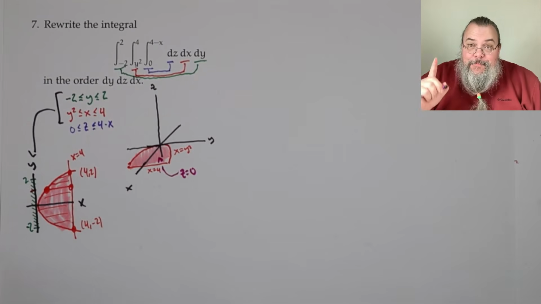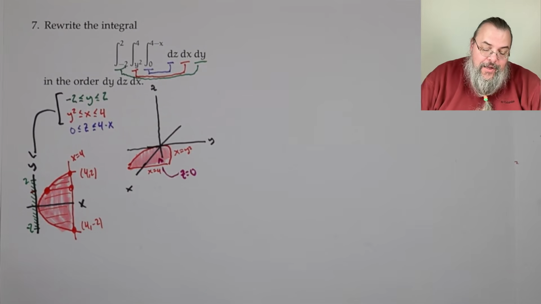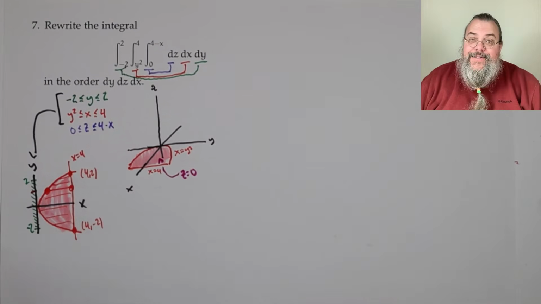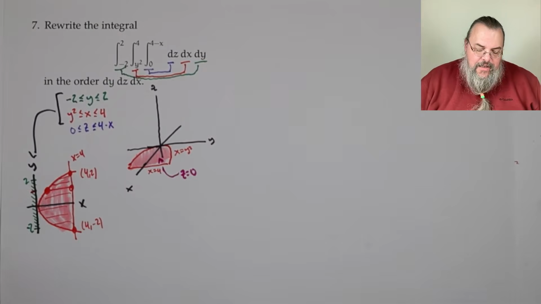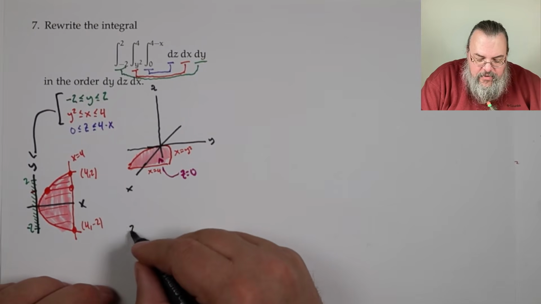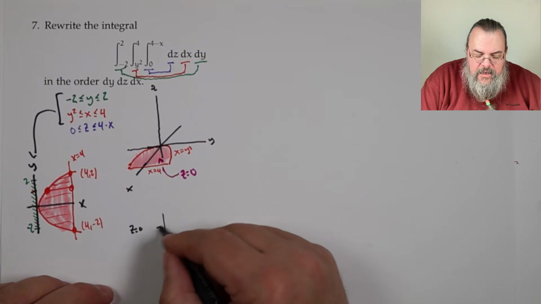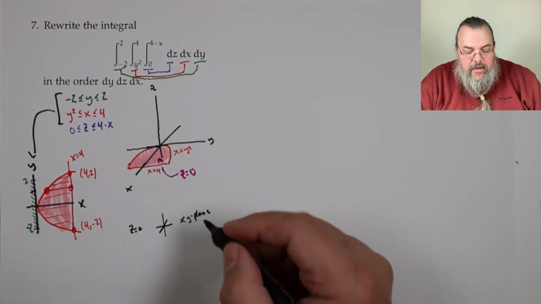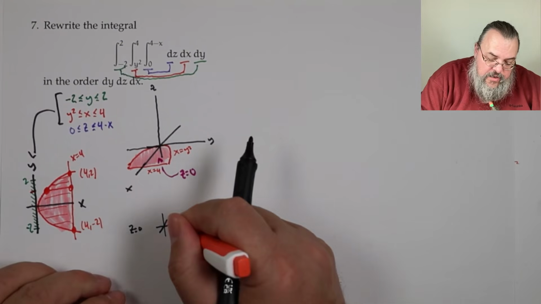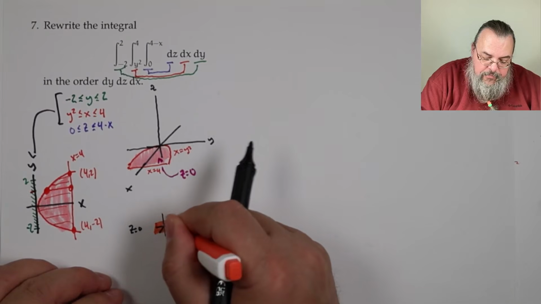Okay, up to where? Well, up to 4 minus x. Now you might be saying, wait, what is 4 minus x? Okay, so we know what z equals 0 looks like. We can go ahead and sketch it one more time. So for z equals 0, this is the xy plane.